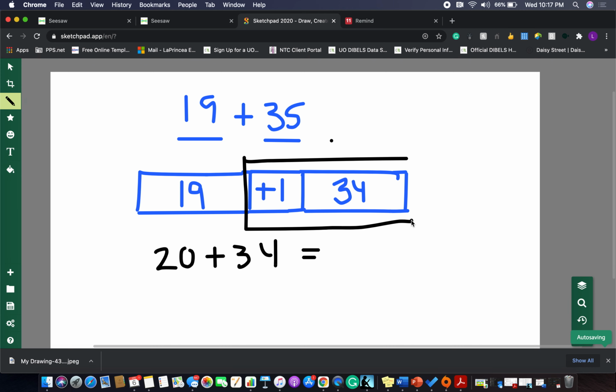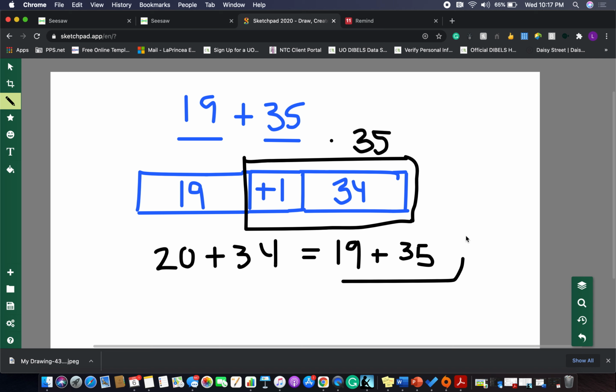Grab 34 and grab 1. 35. My next equation is exactly the one that I started with. 35 and 19. And I guess that's how you know that you've done it right. If one of your equations looks like the one that you started with, then you know that you're on the right track.